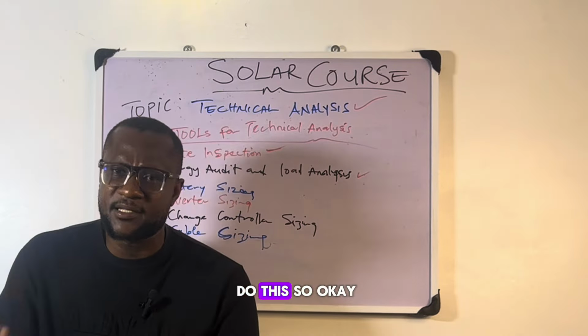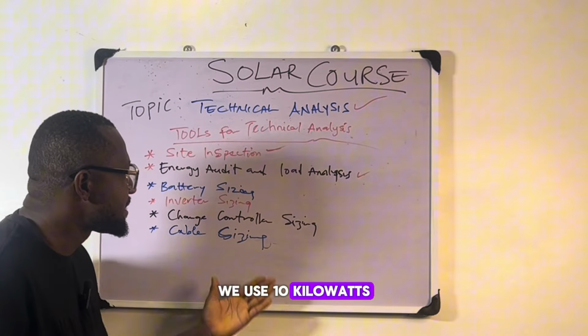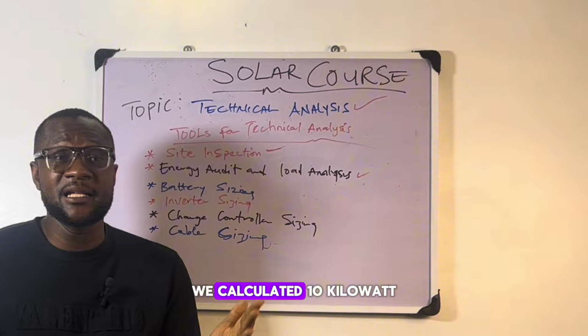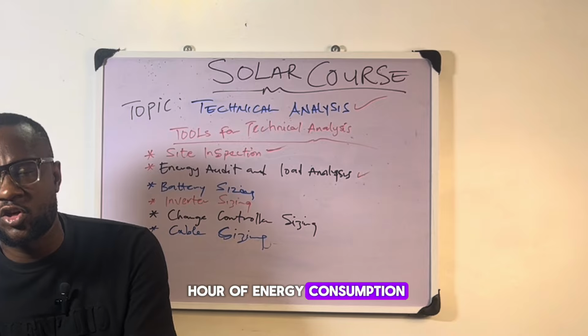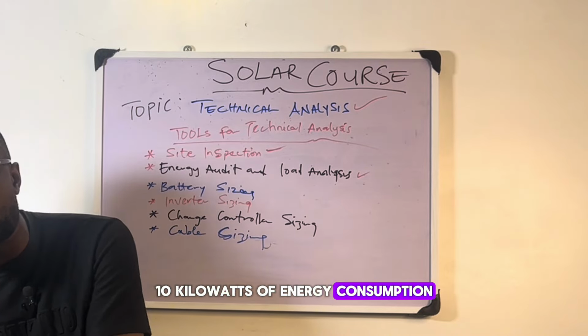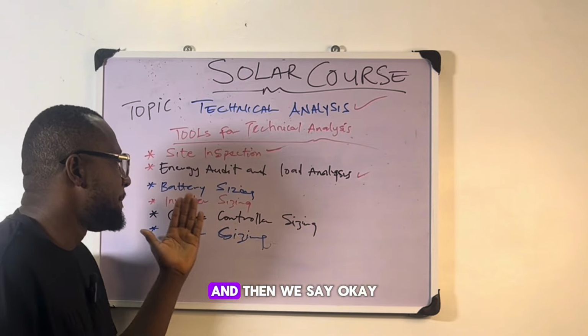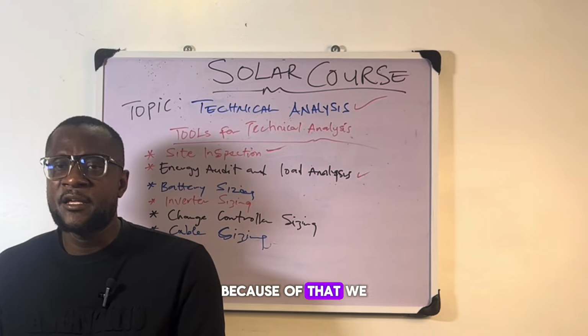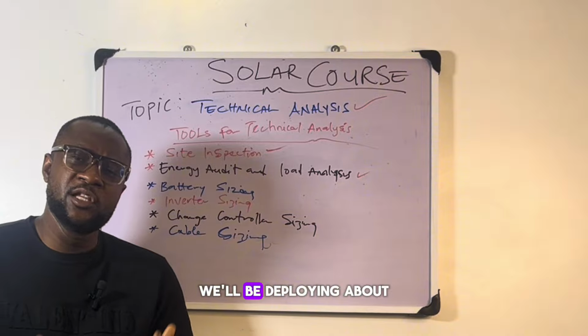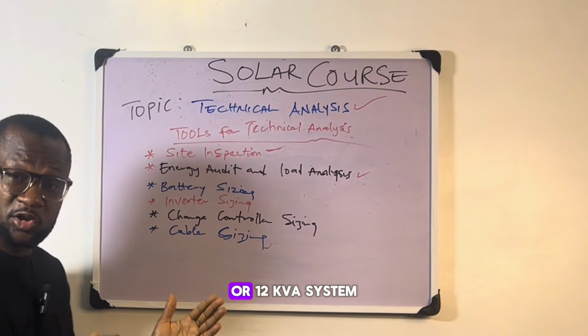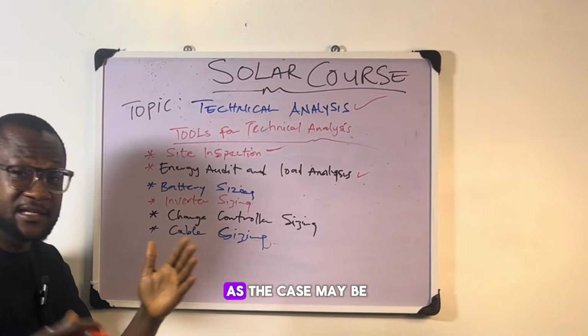We calculated 10 kilowatt hours of energy consumption. When we multiply with the power factor, because we want to give some tolerance, we'll be deploying about a 12 kilowatt inverter system or 12 kVA system, as the case may be.